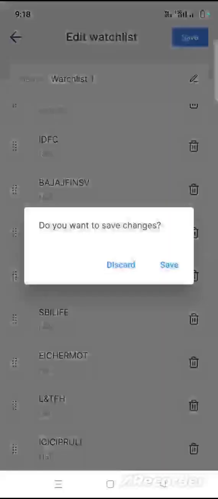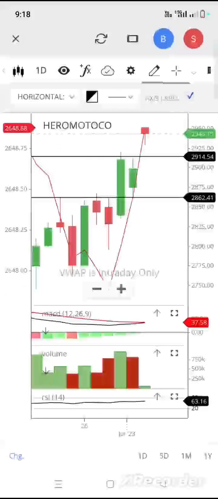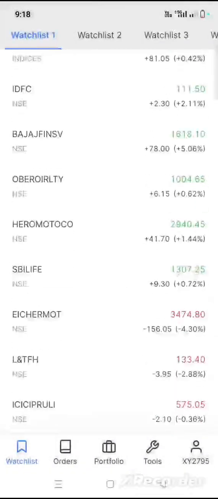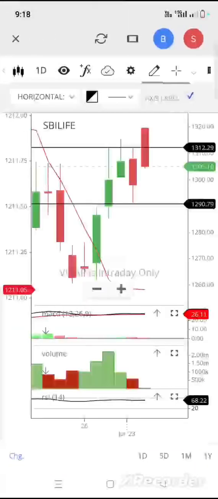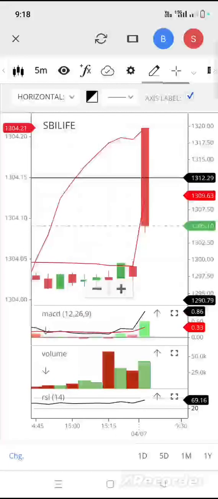So that it will be easy for us to monitor if it is very less. So Hero Motors also full gap up. We'll see SBI Life. SBI also full gap up, but it's filled its previous day high and low.